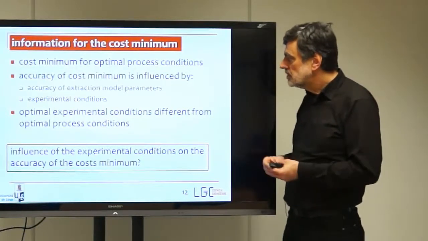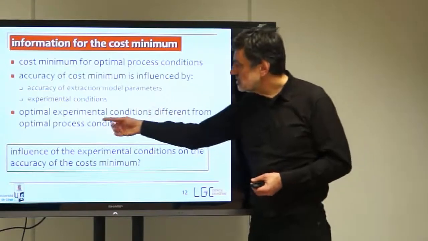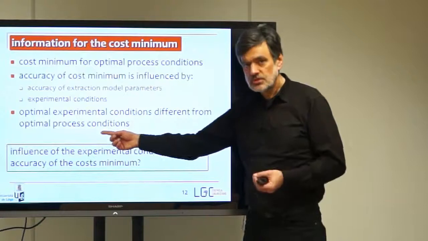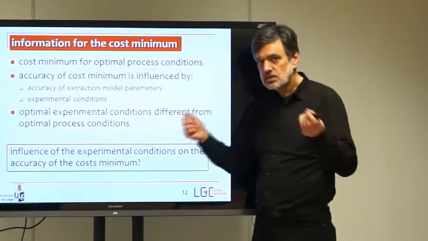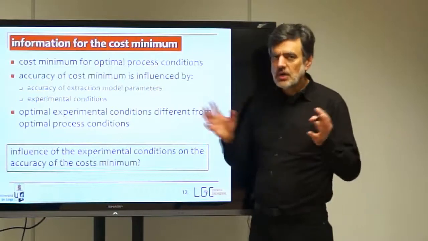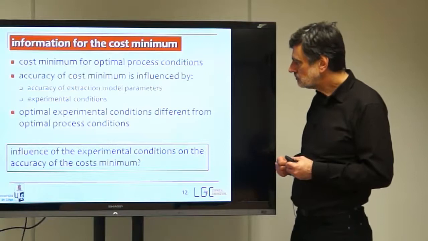What I stressed already is that you have different conditions: on the one hand, the optimal experimental conditions and the optimal process conditions. One has to keep that apart and not mix that up. That took quite some time actually to work out. But once you had the nomenclature right, it was more or less straightforward.